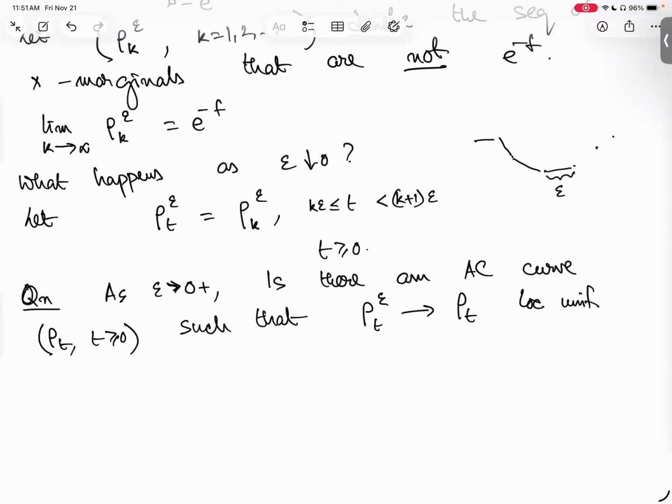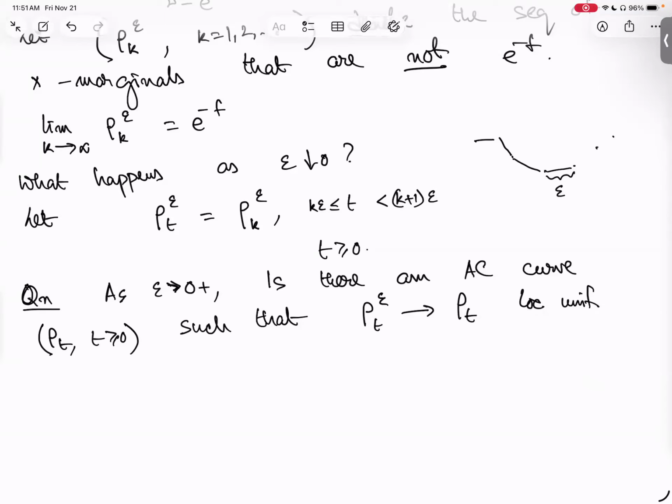Now, if there is such an absolutely continuous curve rho t, I can write it down in terms of a continuity equation. But more importantly, what I want to know is whether this curve rho t can be interpreted as a gradient flow. Well, if it's a gradient flow, to what? I know that it converges to e to the power minus f.